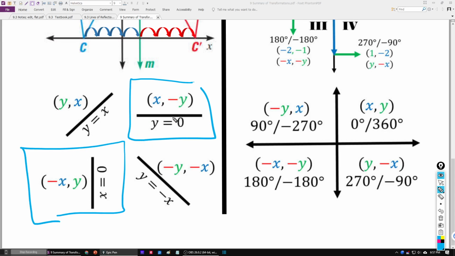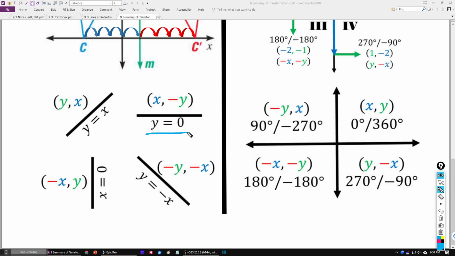In these 2 particular cases, when y equals 0, this is the same thing as the x-axis. So this is the x-axis, and the equation for the x-axis is y equals 0. When you are reflecting a point across the x-axis, let's say that you start up here, at 2, 1.